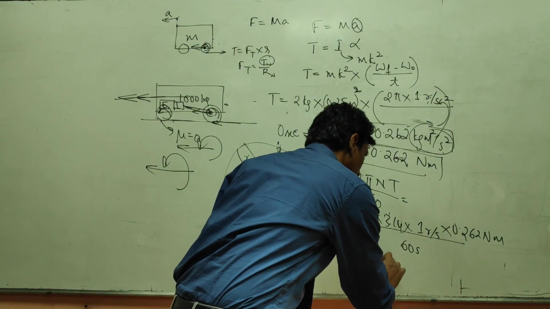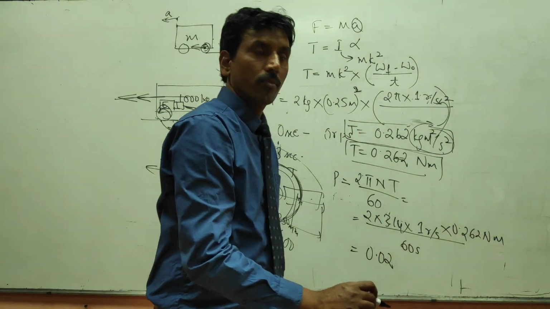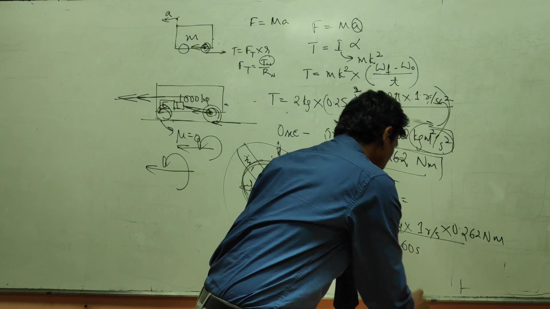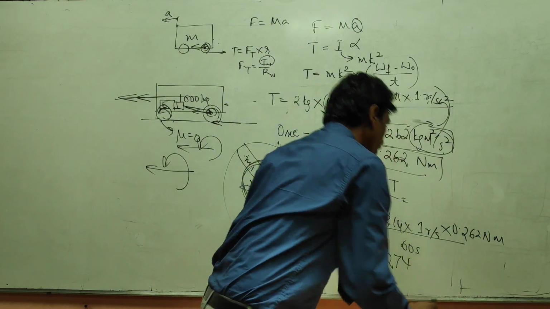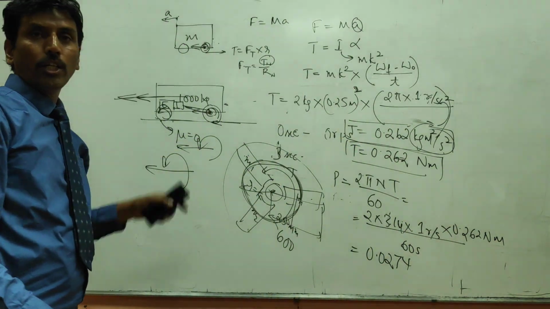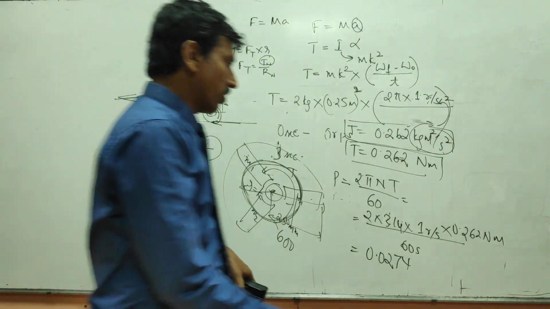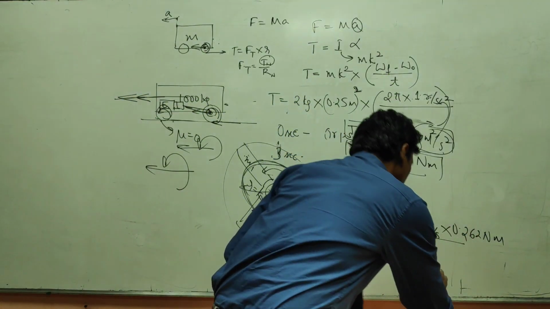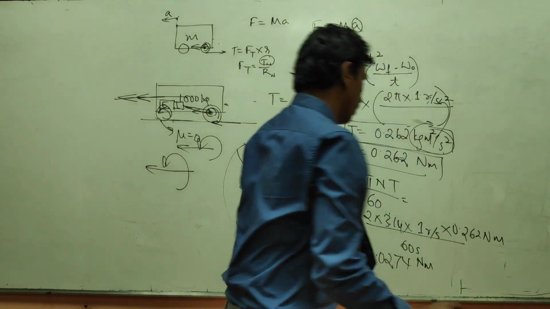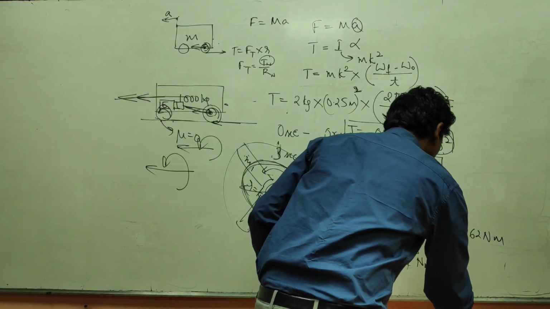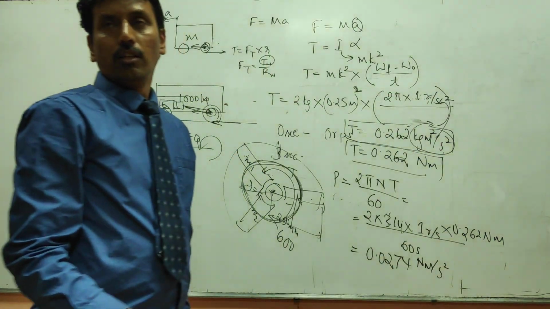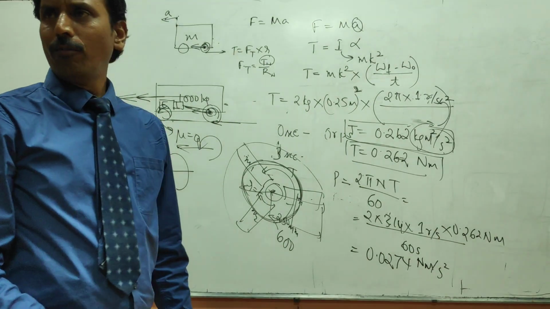0.0274. So let us look at the units here. This is Newton meters per second square. Is this the value of power?